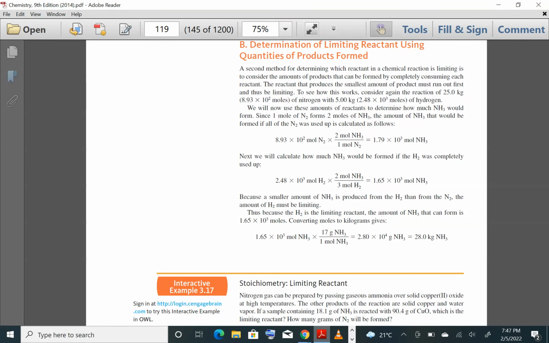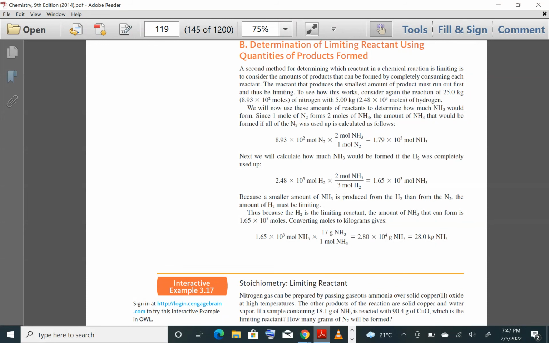The other products of the reaction are solid copper and water vapor. If a sample containing 18.1 grams of ammonia is reacted with 90.4 grams of copper(II) oxide, which is the limiting reactant, how many grams of nitrogen will be produced?